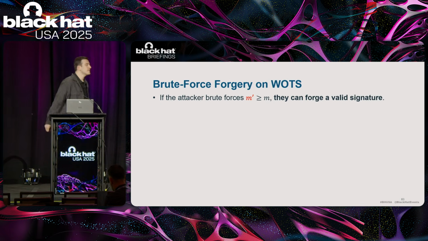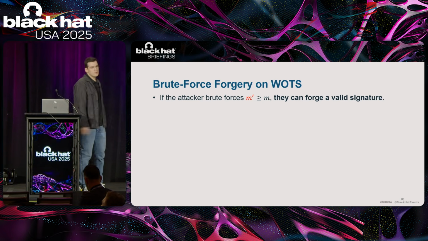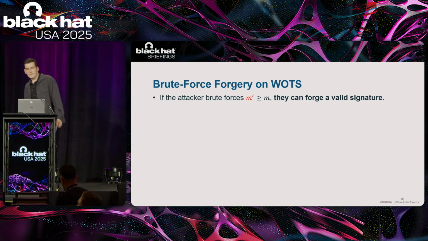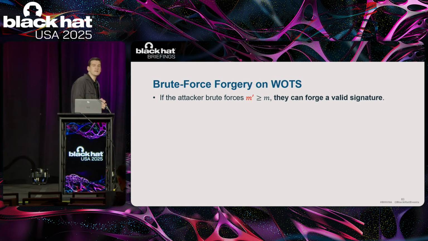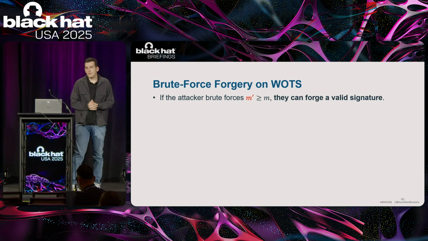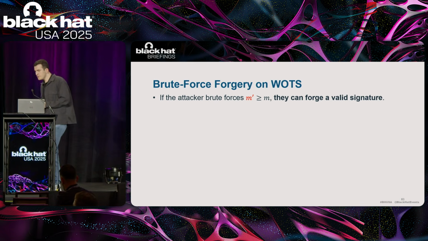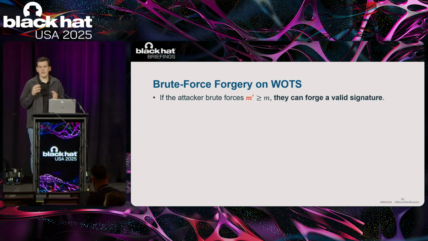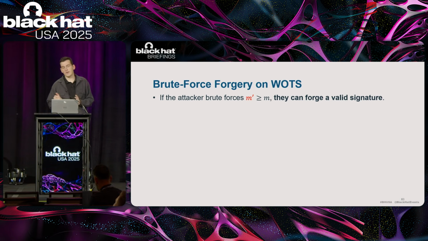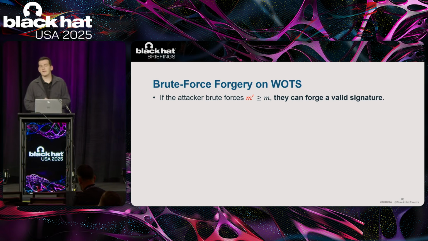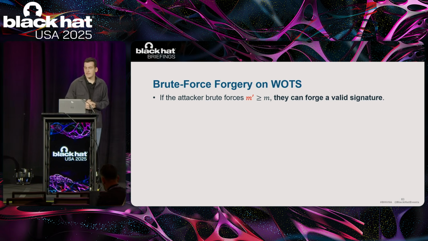However, this is not secure. You can use brute force to forge WOTS signatures. If you can find arbitrary message digits with a brute force such that the hash of your arbitrary message has each chunk greater than or equal to the original chunks, then you can forge a valid signature.